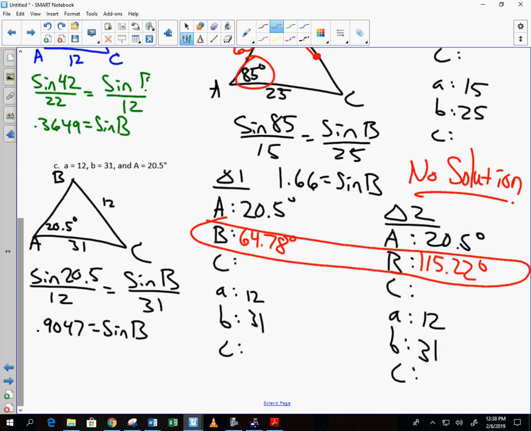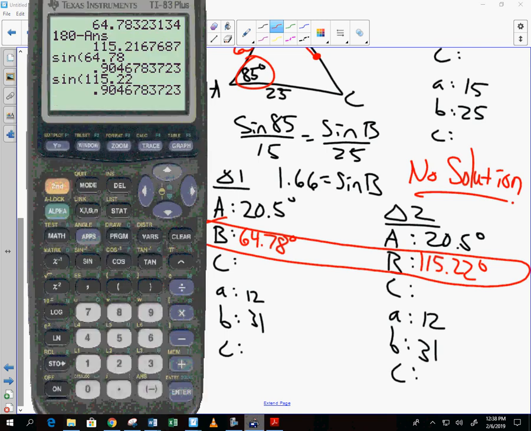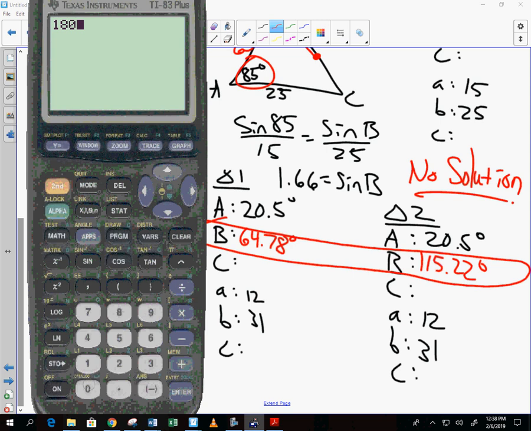So we'll focus on triangle 1 right now. We got 180 minus 64.78 minus 20.5, and I've got 94.72.